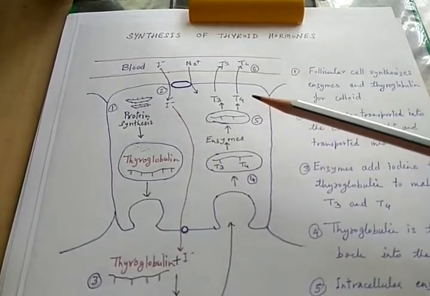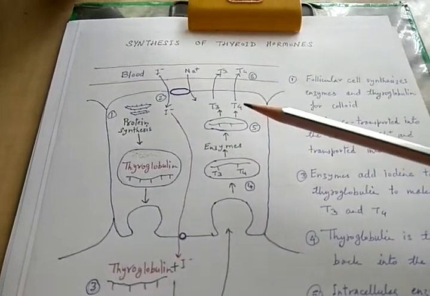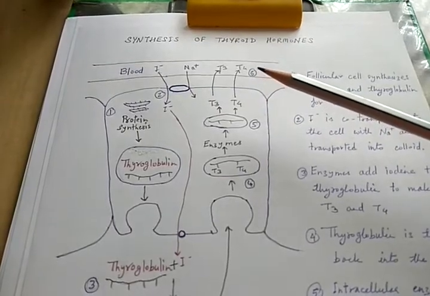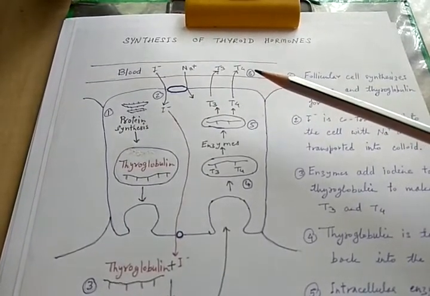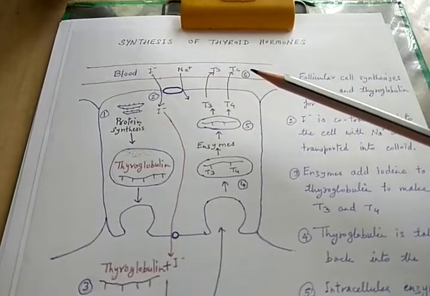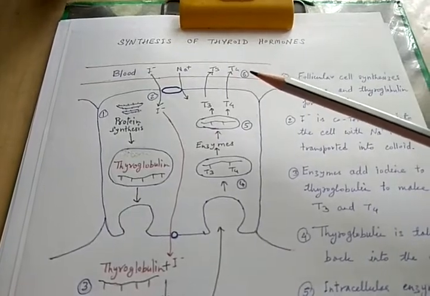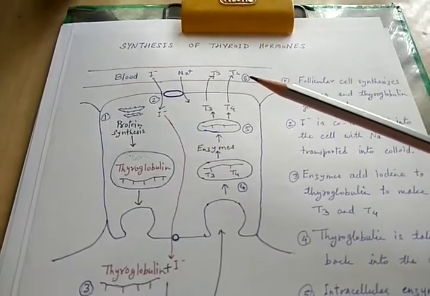And now the free T3 and T4 hormone are released into the bloodstream, where the majority of these hormones bind to the thyroxine binding protein, that is thyroxine binding globulin.